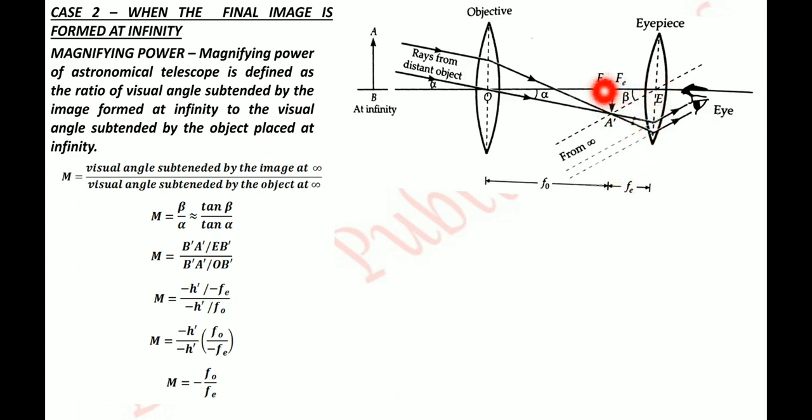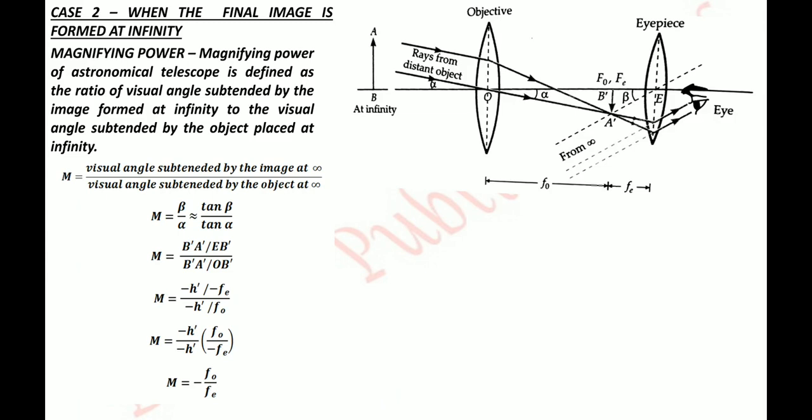So what we are going to write, B dash A dash upon EB dash, and tan alpha is written in this triangle. Already I have told you, if this angle is alpha, then this angle is also alpha because of vertically opposite angles. So it will be B dash A dash upon OB dash. Now B dash A dash is replaced by minus H dash, and EB dash is replaced by minus FE, whole upon B dash A dash is replaced by minus H dash, and OB dash is replaced by FO.